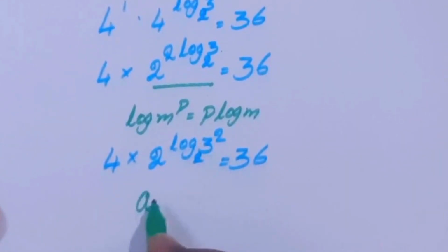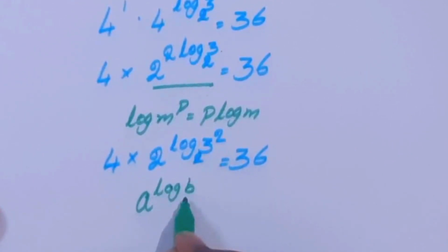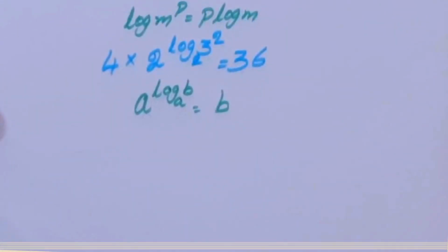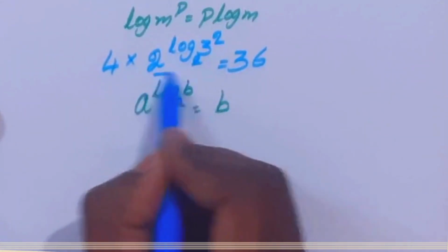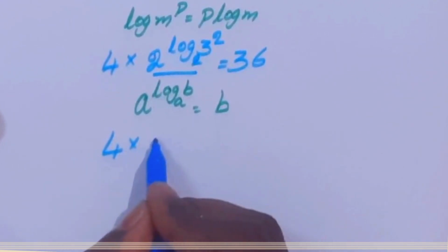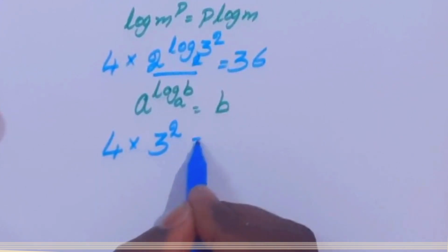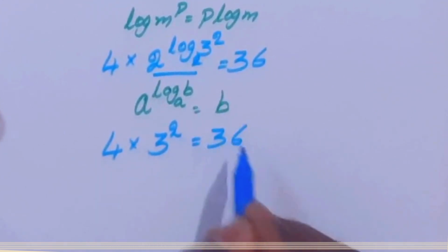We are going to have this formula: a power log b base a equal to b. So this formula we are going to implement here. So 4 times of this is 3 power 2 equal to 36.